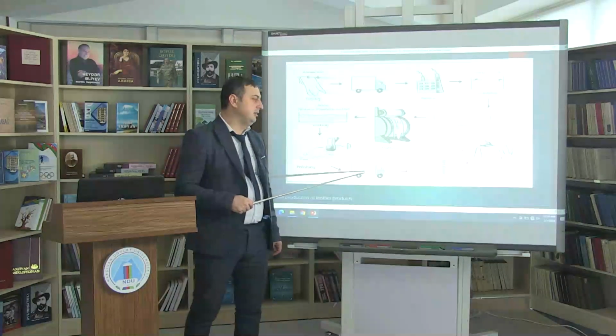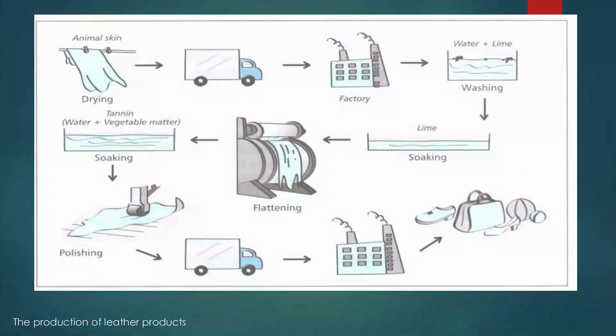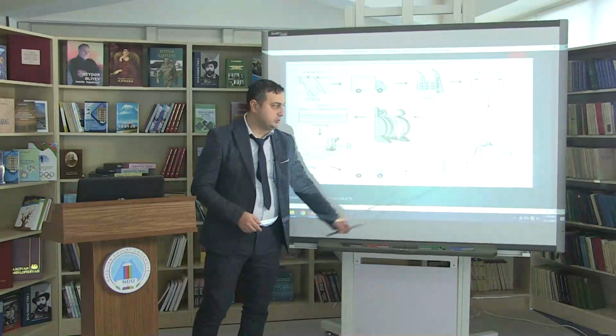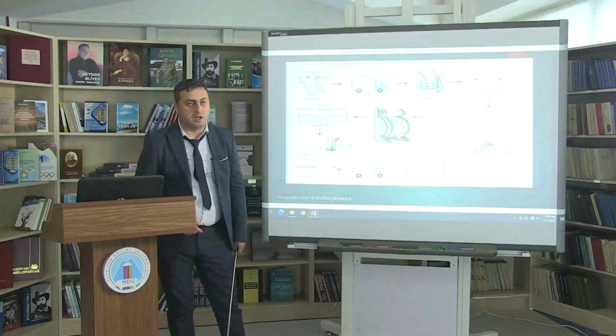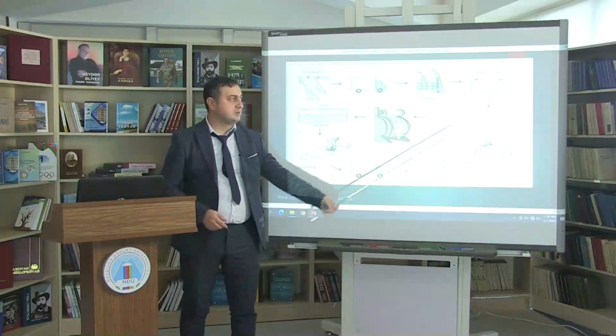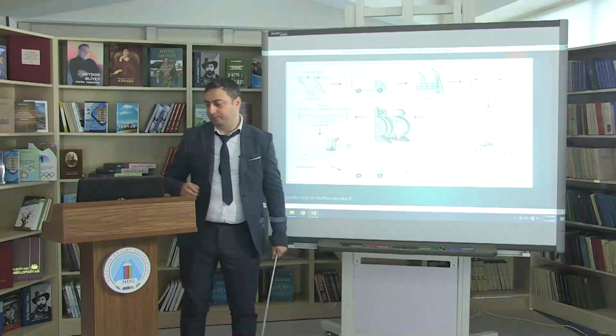Then it is again taken with a special truck to the factory, and finally we see that some leather products like shoes, bags, and balls, or high-heeled shoes, are produced in a factory. And you should describe this with 150 words in your writing task 1.